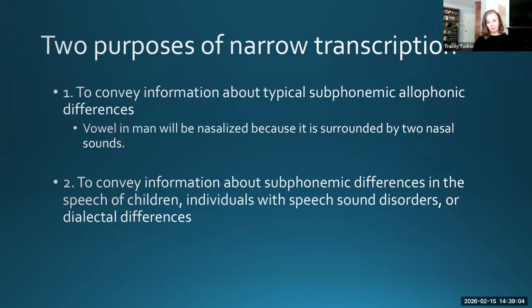Some of you may have watched the Boston car commercial that I posted, where if you are from the Boston area, you drop your R's and you produce a vowel. So you say, going to park my car at Harvard. That's a dialect difference. So if you transcribe that, you might want to note the dialect difference for those vowels, not necessarily say that that person has a speech sound disorder.